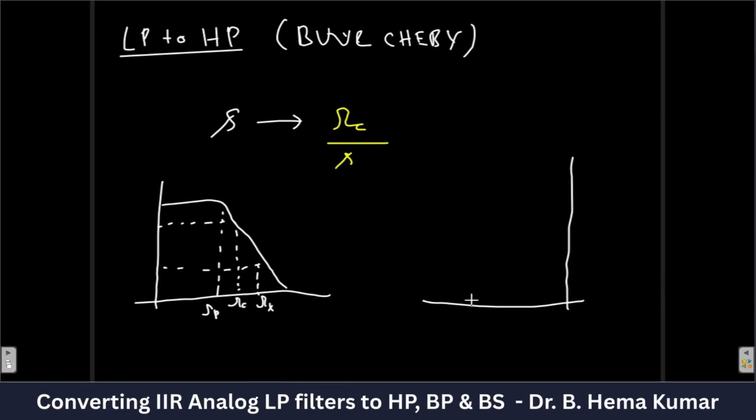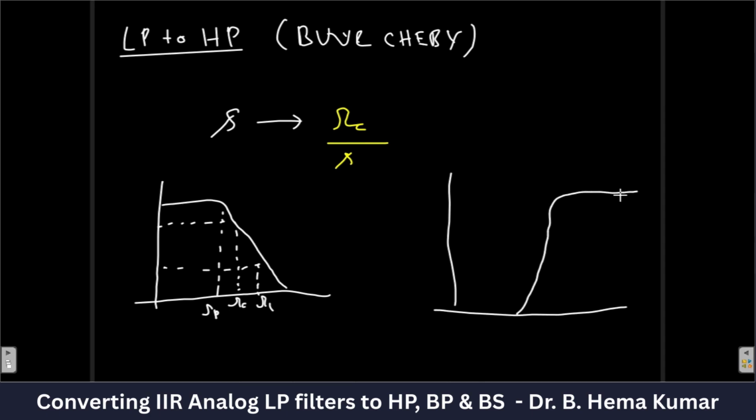Your high pass filter characteristic looks like this: for low frequencies it is not going to pass, for high frequencies it is going to pass. So here also you have a pass band and a stop band, and here you will have your cutoff frequency.